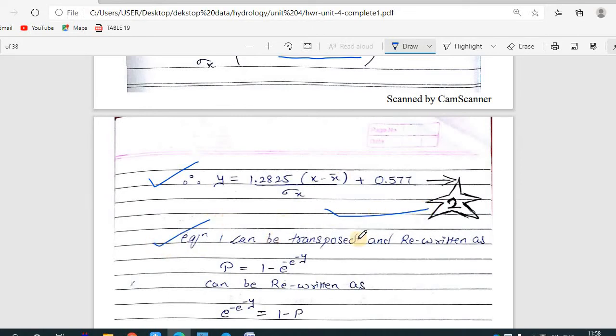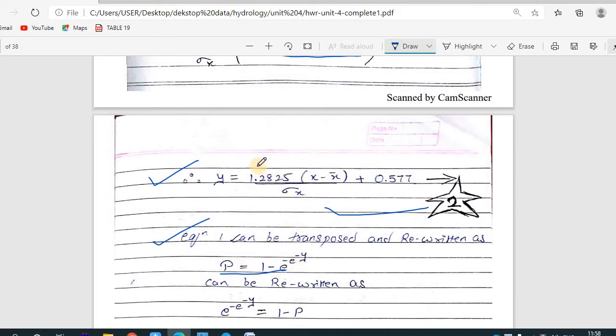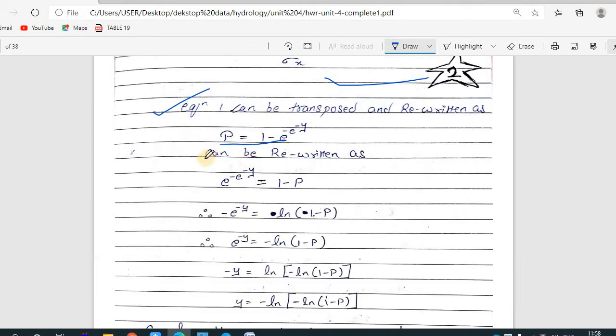Now equation 1 can be transposed and rewritten. As you know, this was equation number 1, and we replace the variable y by this term. We have P equals 1 minus e to the power minus e to the power minus y.